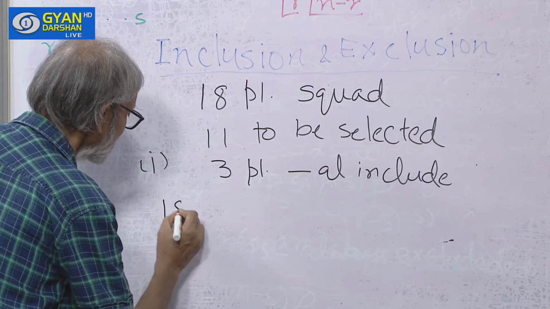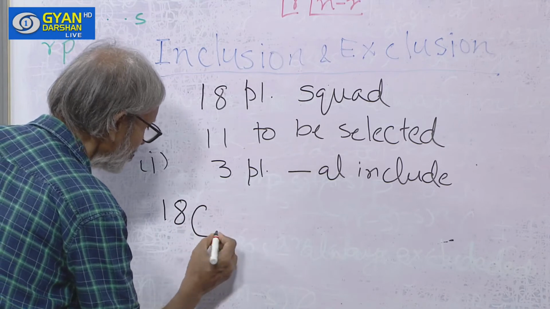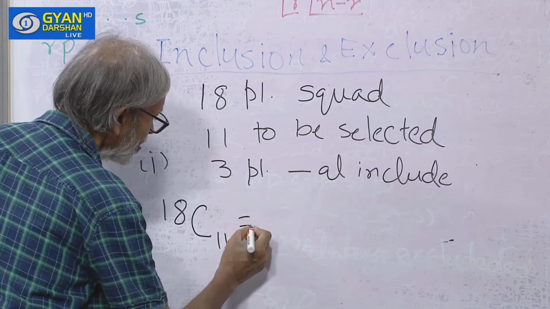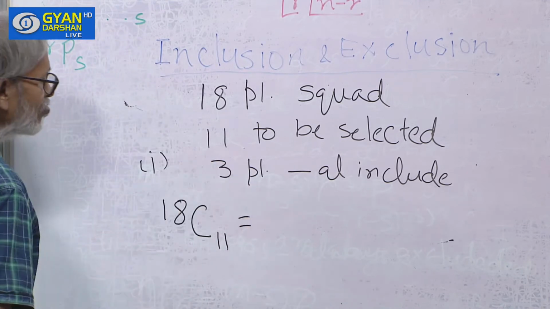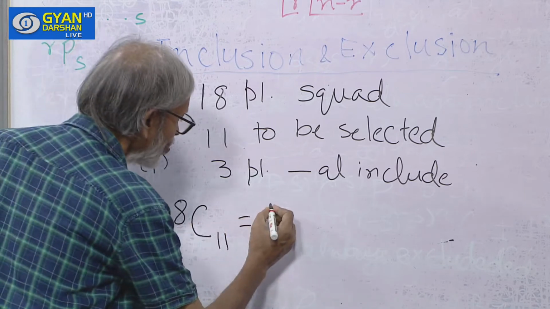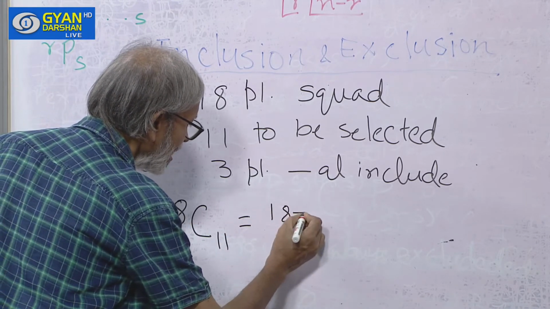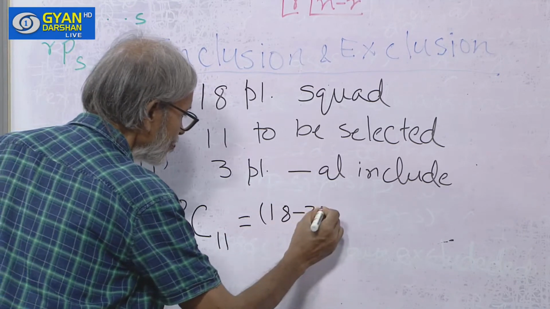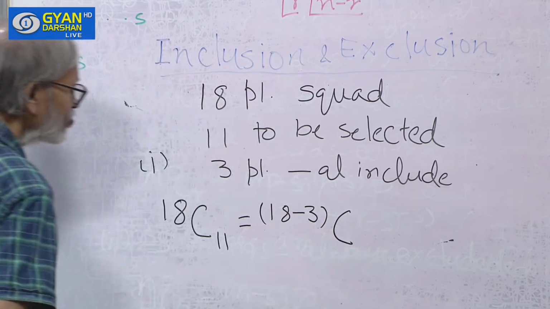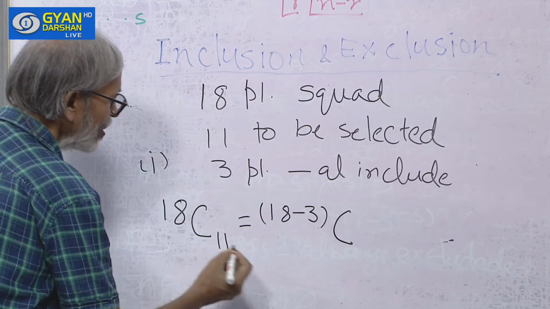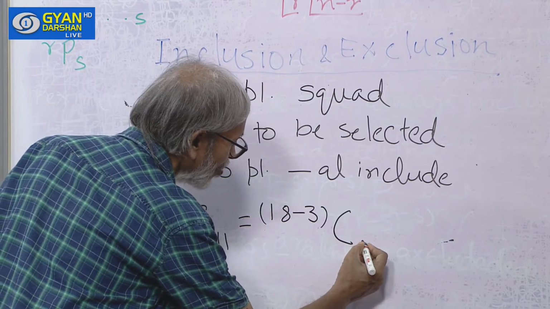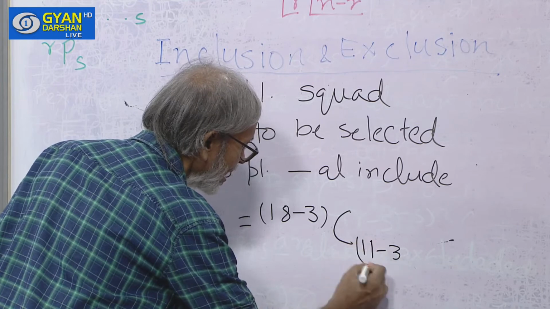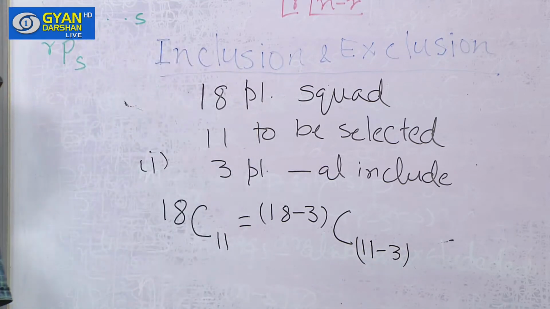We have to select 11 players from the 18 players, but 3 players we have to include necessarily. So from the remaining 18 minus 3, we have to do grouping of remaining players, because 3 positions we have already filled. So we have to now fill only 8 places, that is 11 minus 3.